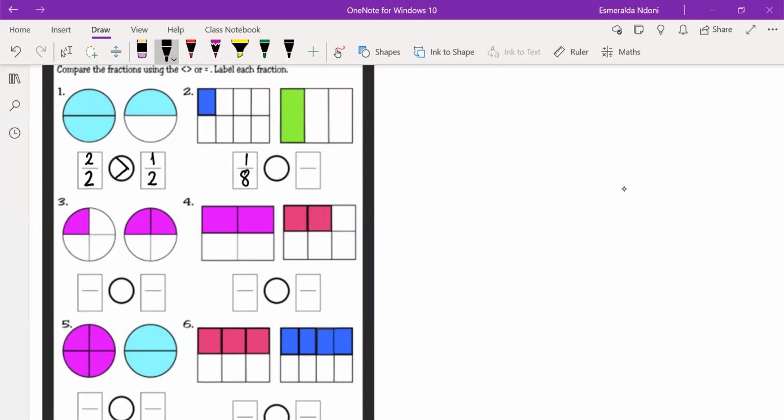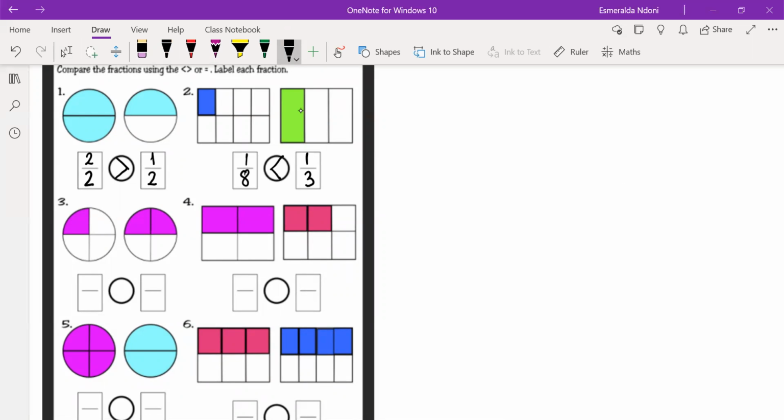Just one. Second shape is split into 3. One of them is colored. So an eighth and a third. This is what we're comparing. Obviously, we can see the third is bigger. It's more space shaded. So we put the bigger sign.